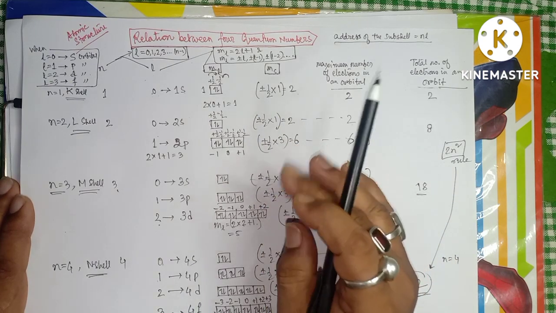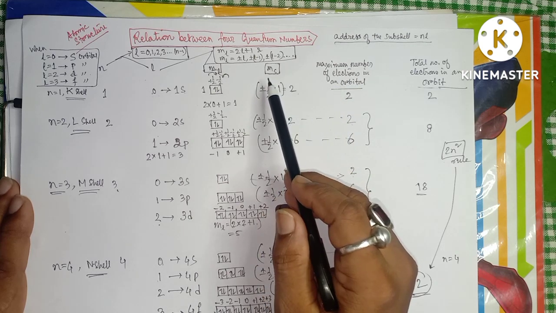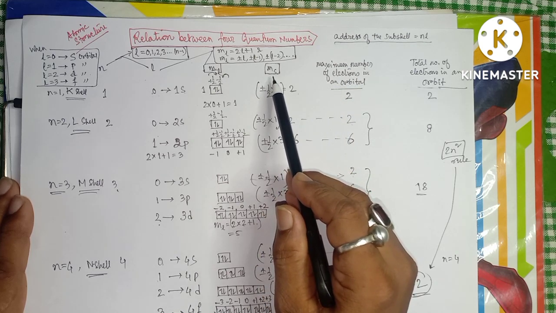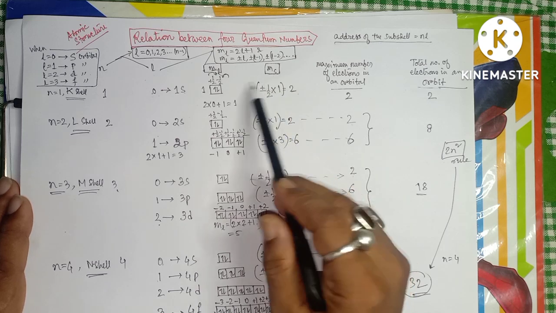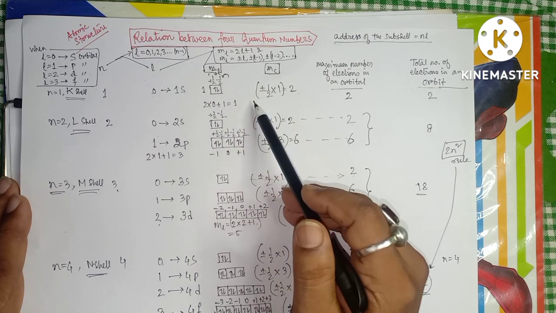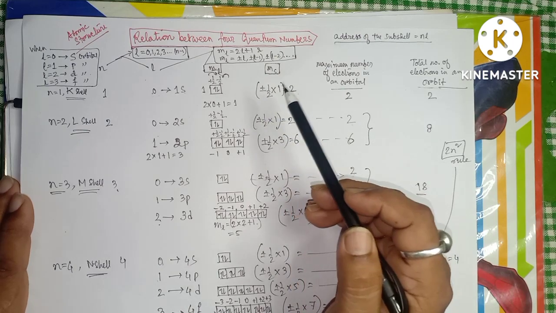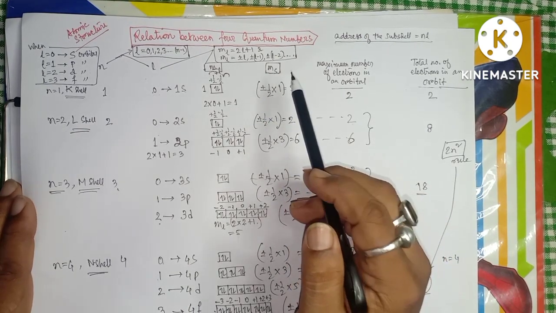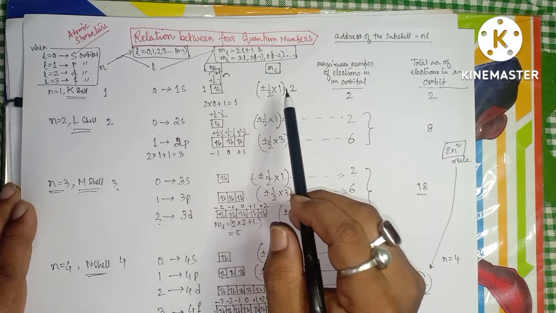You understand that an electron has negative charge. So how could it be possible for two electrons to be present in one room? Because there may be a chance of repulsion, but it cannot happen. Why? Because both electrons, this one and this one, have opposite spin.